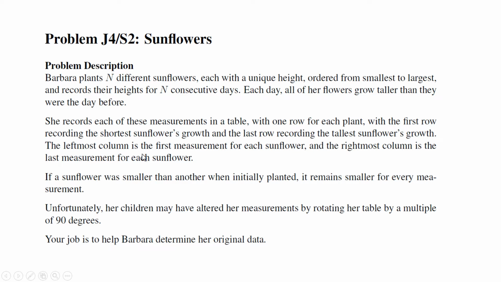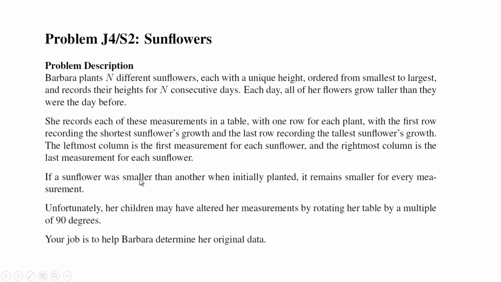The left column is the first measurement for each sunflower, and the rightmost column is the last measurement for each sunflower. In this n by n matrix, each row is for a plant, and each column is for measurement in a day. If a sunflower was smaller than another when initially planted, it remained smaller for every measurement.